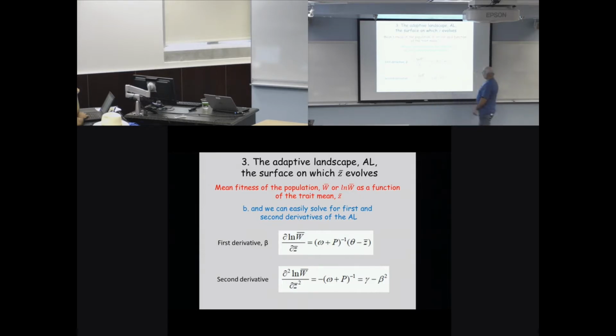So that's describing the first derivative, beta. And the second derivative is a similar term, and it's equivalent to gamma minus beta squared. Well, it's equivalent just to this term, which must then be representing the curvature of the adaptive landscape, right?